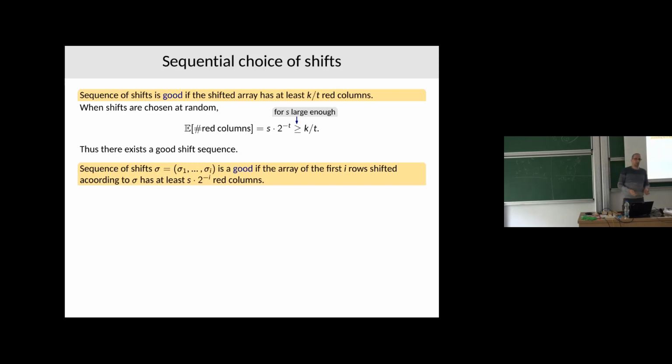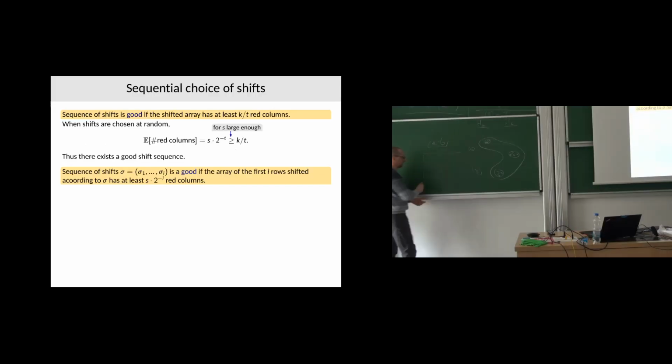Okay, so we can start with this array, and we choose the first few shifts. And so far we are good. We have a large number, close to the expected one, of monochromatic red columns.